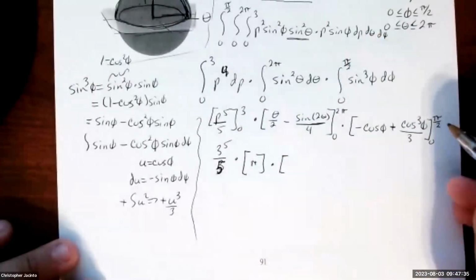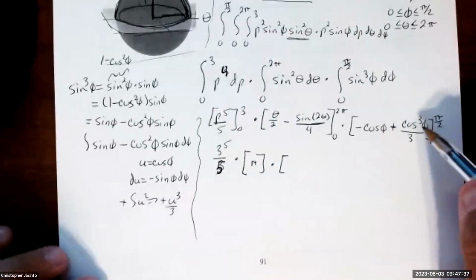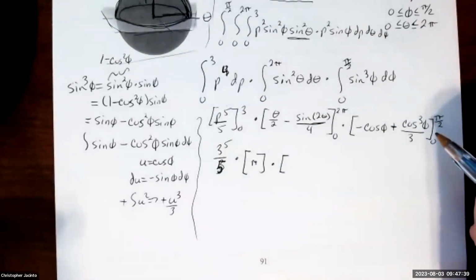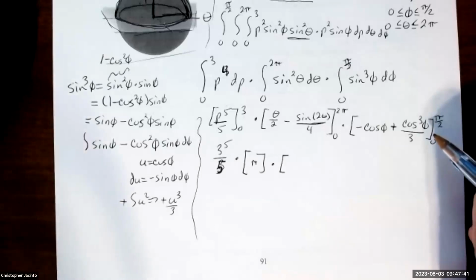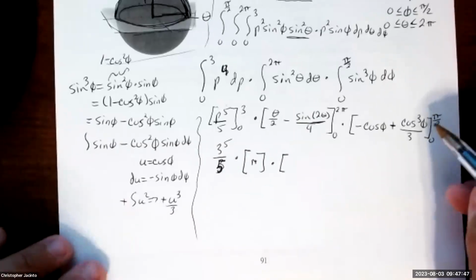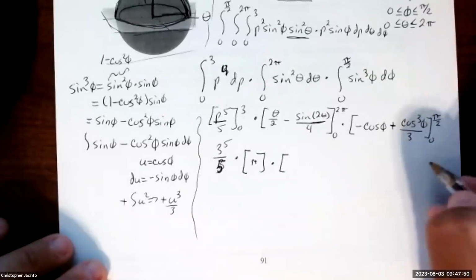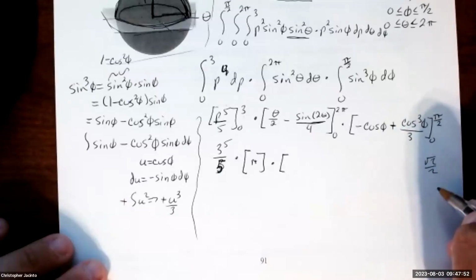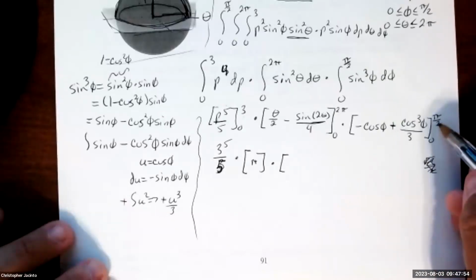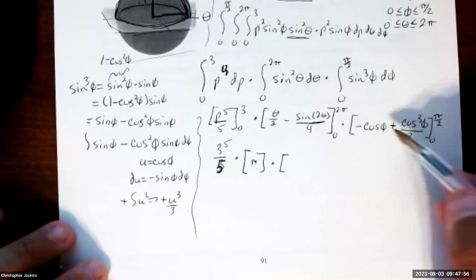Times, on this end, what happens? So if I plug in cosine of pi over 2, what does this end up giving me? Oh, wait, did this really raise radical 2 over 2? No, actually, what am I doing? Cosine of pi over 2 is 0.